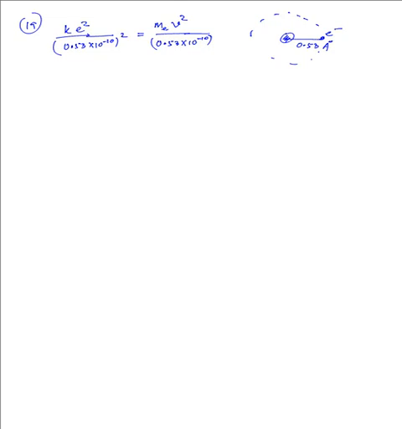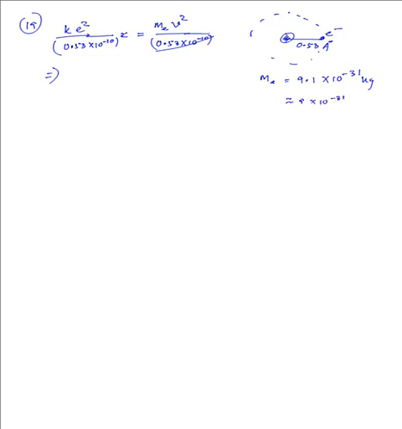Now one of those r values gets cancelled, and the mass of the electron is approximately 9.1 times 10 raised to the power minus 31 kg. We can take it as 9 only instead of 9.1, for calculation's sake.